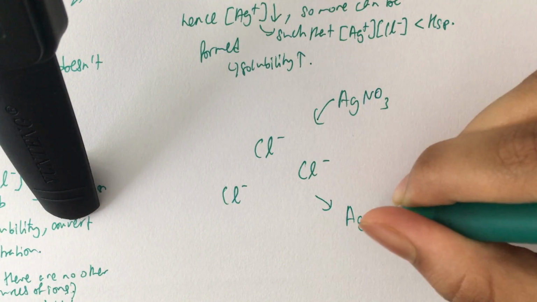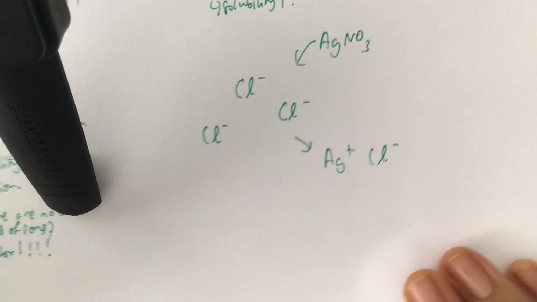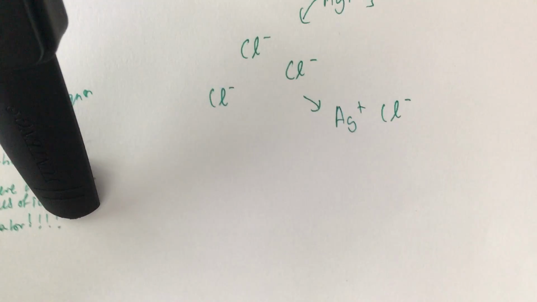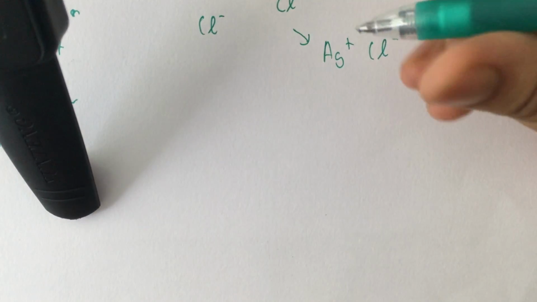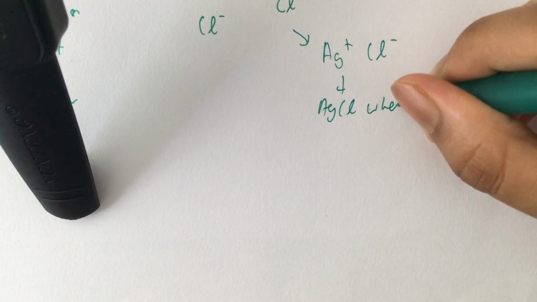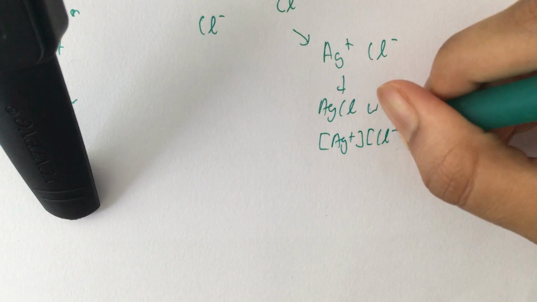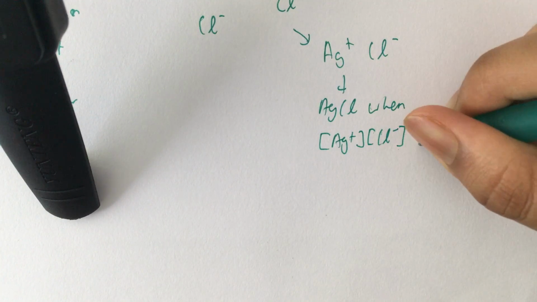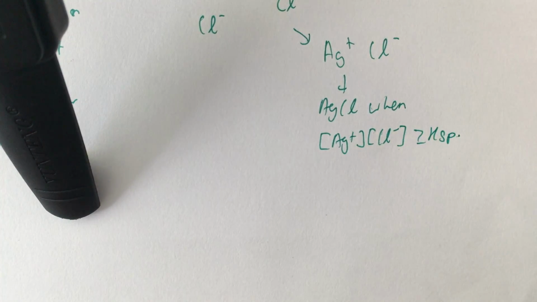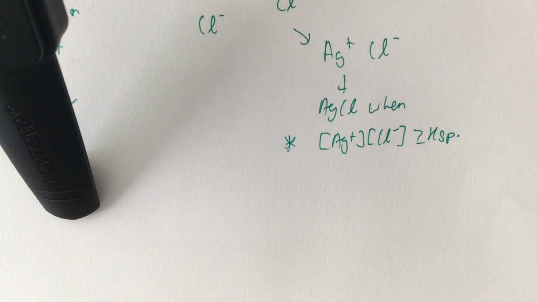And then we have the silver interacting with the halide ions to form an insoluble product. The reason it forms the insoluble product is because now in the solution there is too much of silver ions and chloride ions, which makes the silver halide compound form.